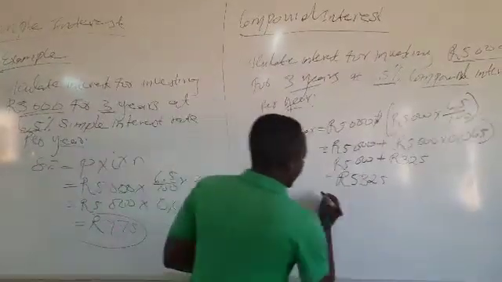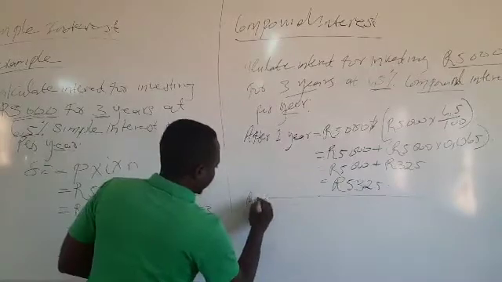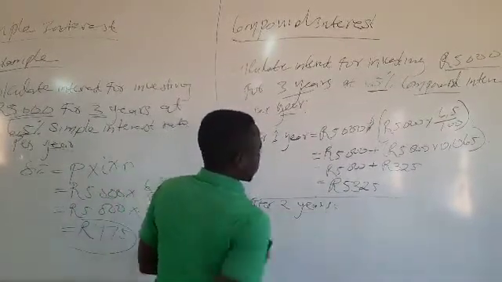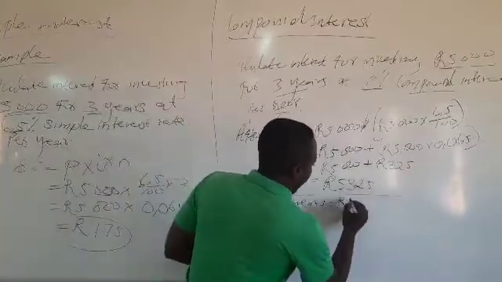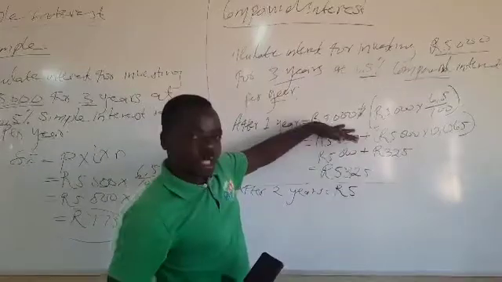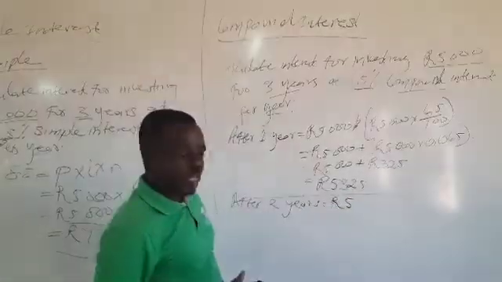Now we are going to move on to the second year. After 2 years, we continue. We no longer use 5,000, because now the money that this person has is 5,325.